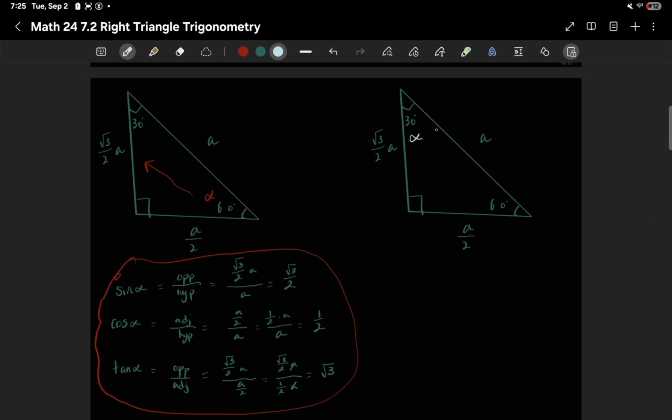But in this case, if I choose alpha to be the 30-degree angle and do the same thing, sine of alpha, cosine of alpha, and tangent of alpha, all I've really done is change which angle I'm calling alpha. Then the opposite side of the 30 degree is a over 2 now, and my hypotenuse is a. So the same thing will happen as before. The a's will cancel, leaving me with just 1/2.